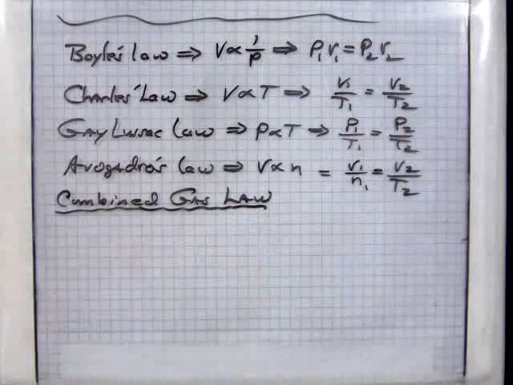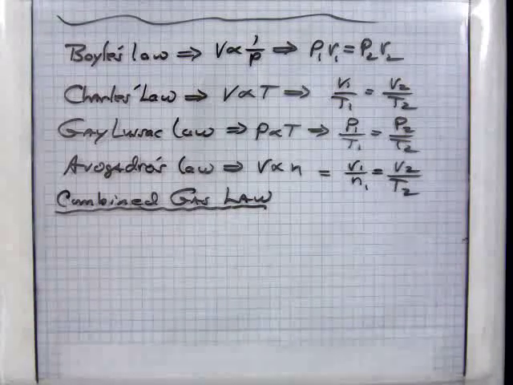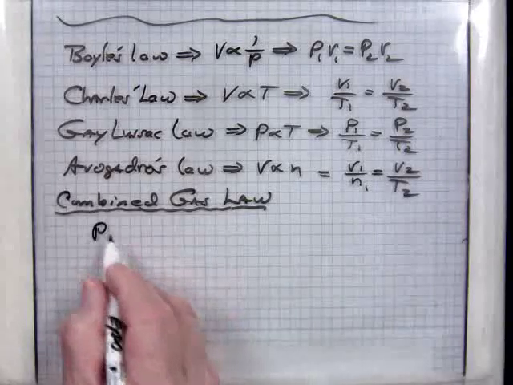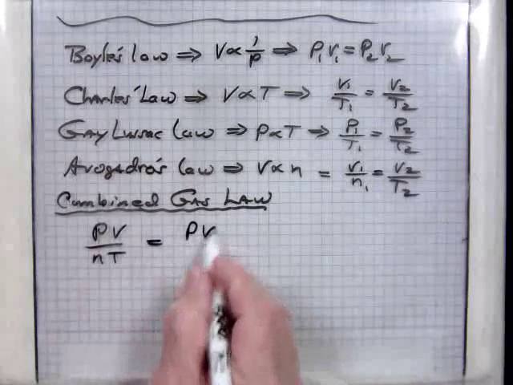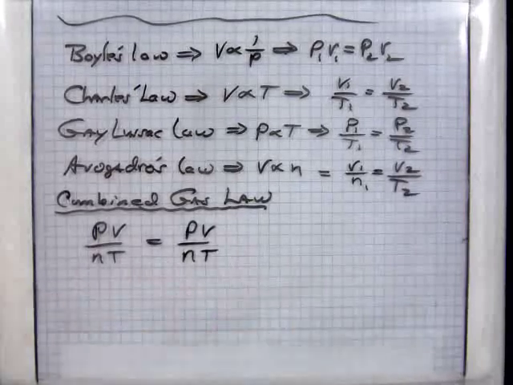Case 1, case 2. I could solve for K, take those K values and move them all together. But it ultimately comes down to case 1 equals case 2 in the following: PV over NT equals PV over NT. And that's the simplicity of this.